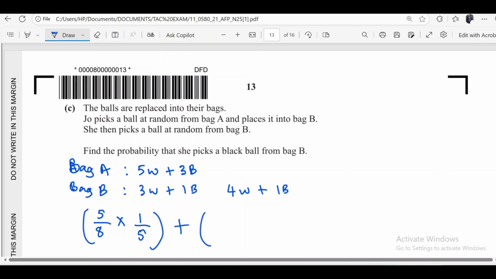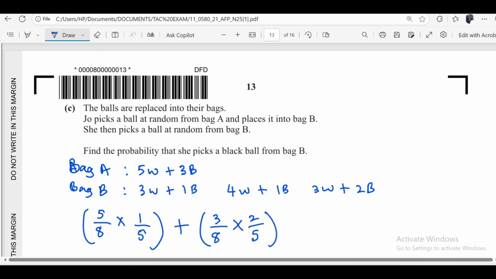Or if he picks a ball from bag A and it's black, that is 3/8. If it's black, we are going to have 3 white, and the black will increase from 1 to 2 in bag B. So if Joe picks black from bag A, the probability is 3/8, and then if he picks black from bag B, it's going to be 2/5.